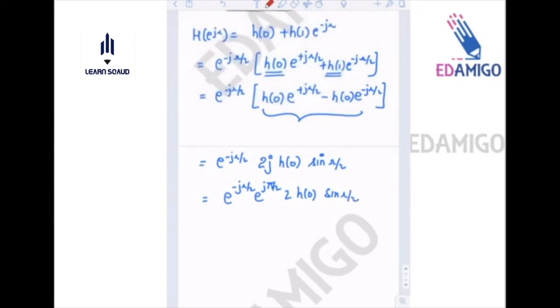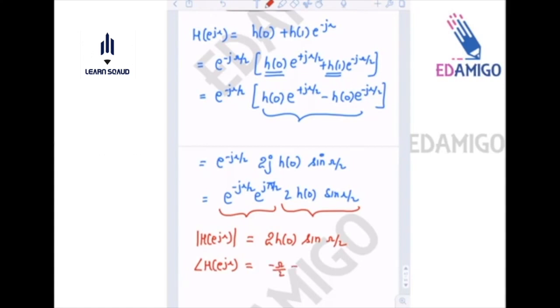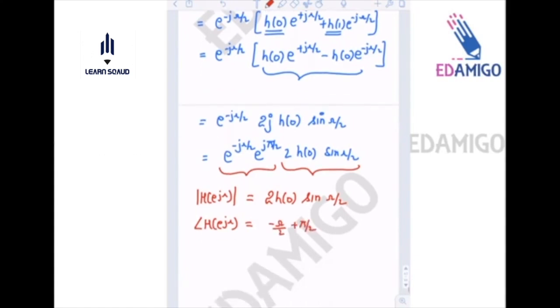Now this is the magnitude part and this is the phase part. So I can say that the magnitude of H(e^jσ) is equal to 2h0 sine of σ by 2 and the phase will be minus σ by 2 plus π by 2.